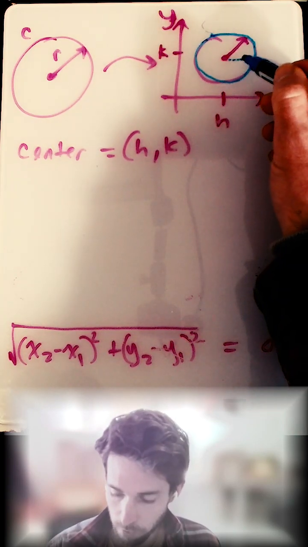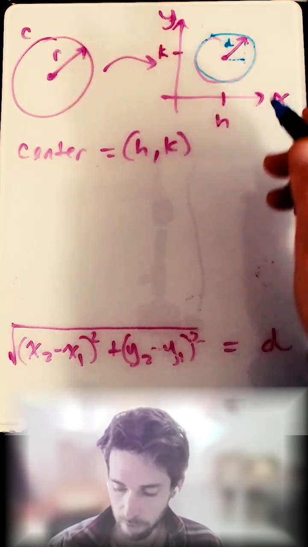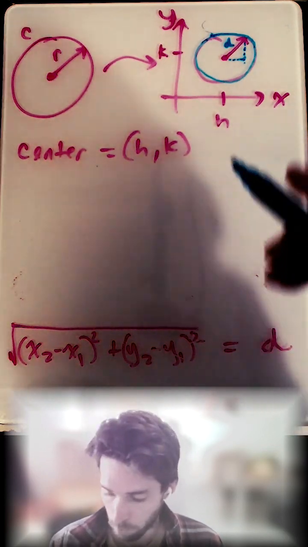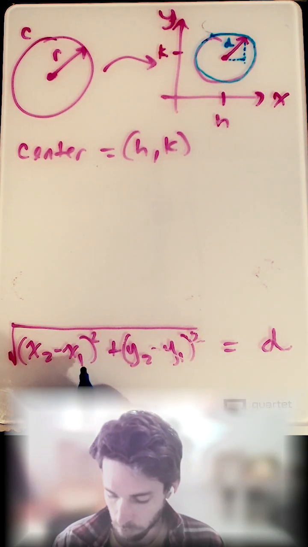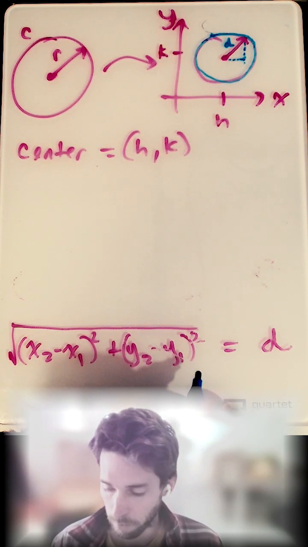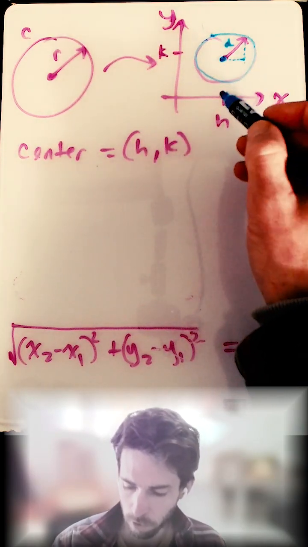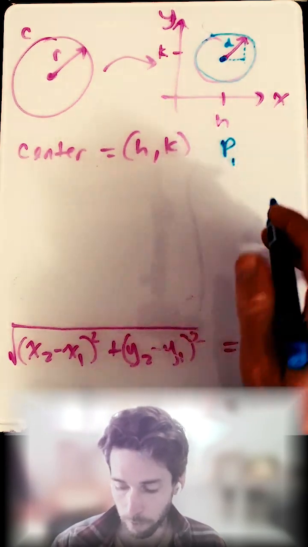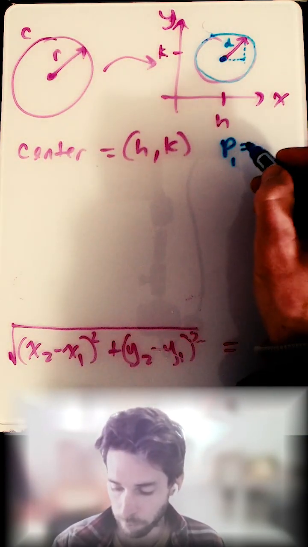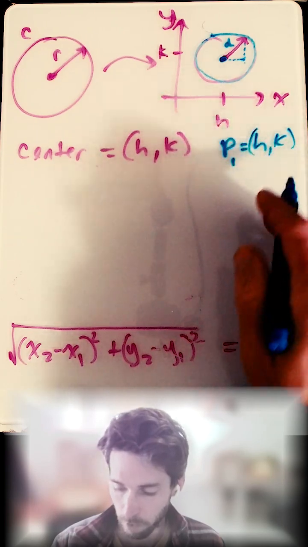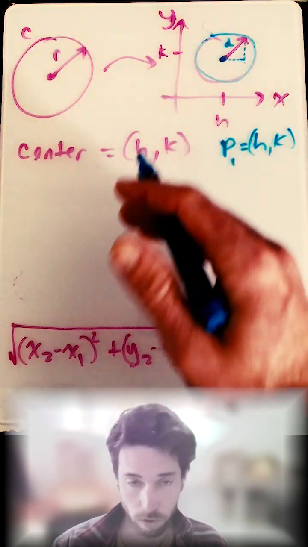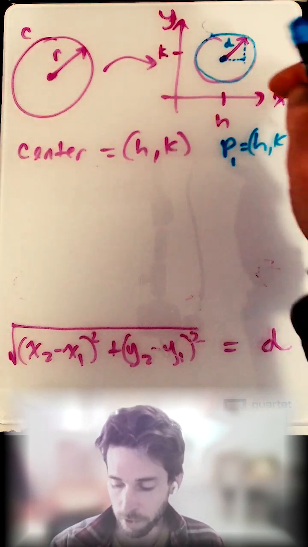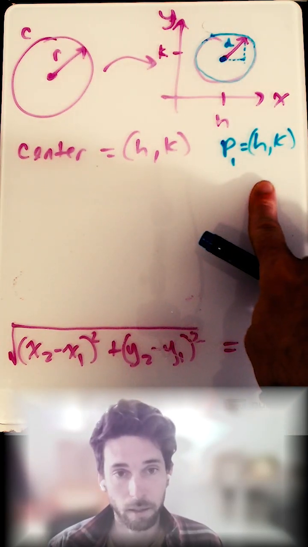So if we think about this as d, right, by way of Pythagoras, then we know that this distance is equal to the square root of x2 minus x1 squared plus y2 minus y1 squared. But if we remember from our previous drawing, what is this point? That's point 1, right? And we're going to call that h comma k. So the equation that describes all of the points that are a distance d from h comma k is what?